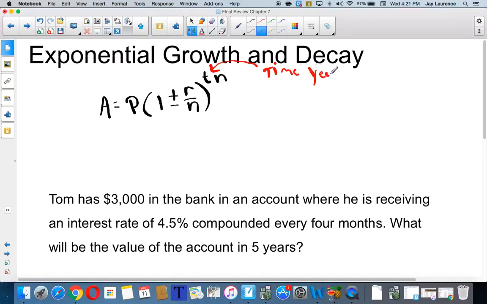N is the number of compoundings per year, right? So if it's compounded once, N is 1. They don't mention compounding, you can assume it's compounded only once.